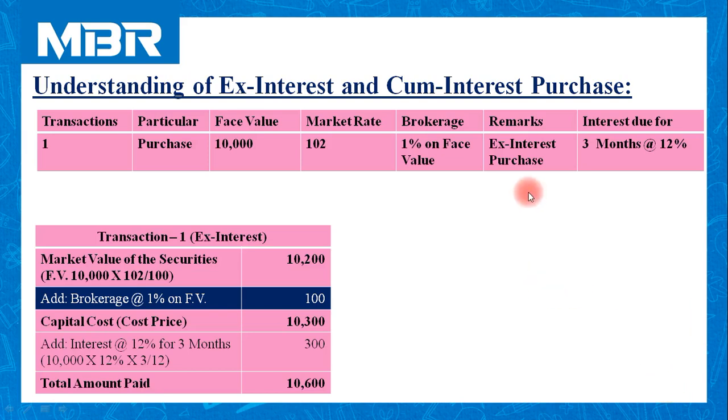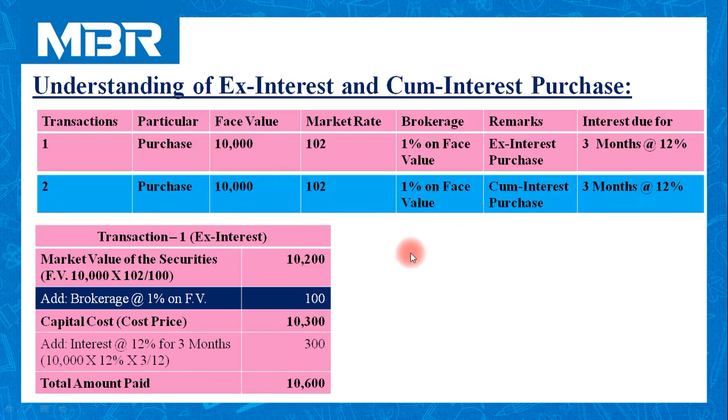Now concentrate on transaction number 2. It is all about cum-interest purchase. You can check all details. Transaction number 2, purchase. Face value is the same as earlier transaction, 10,000. Market rate is also 102, same as the previous one. Brokerage 1% on face value.